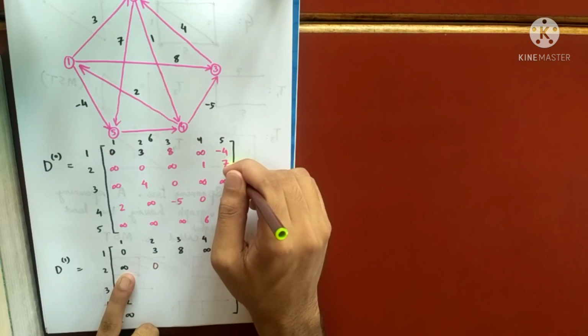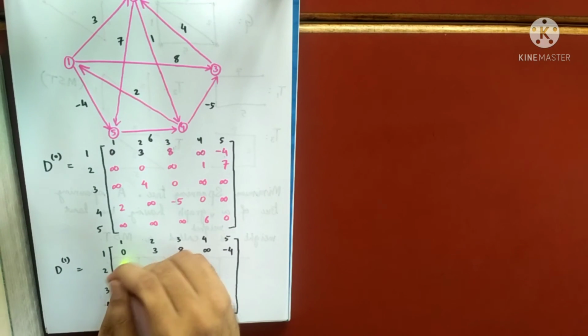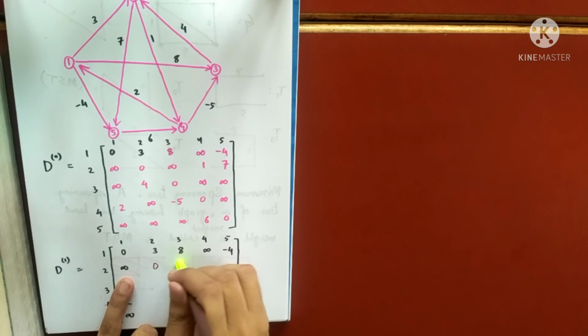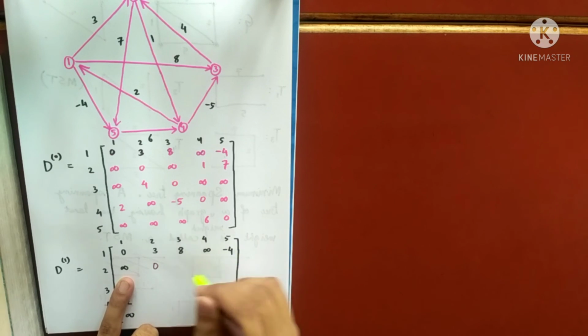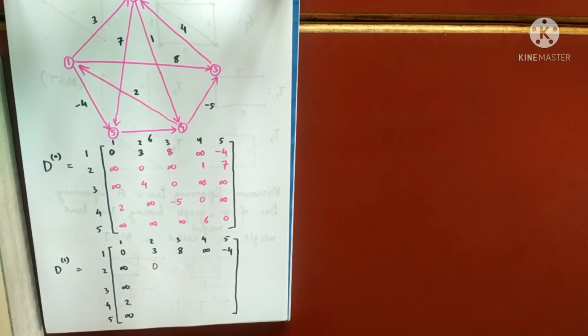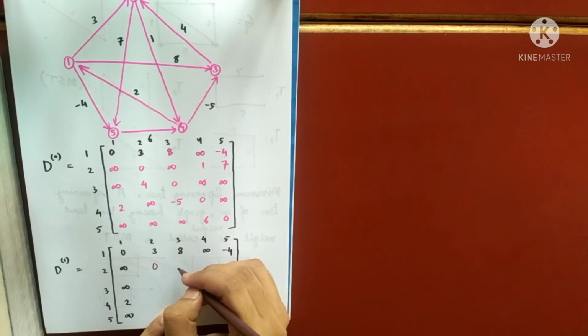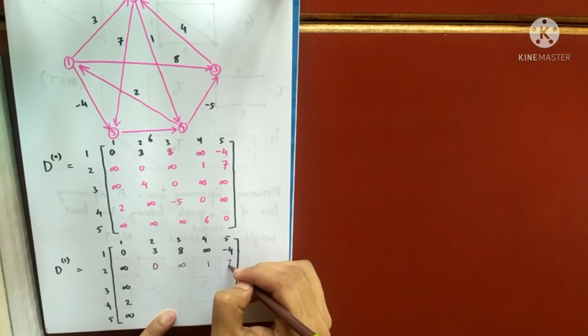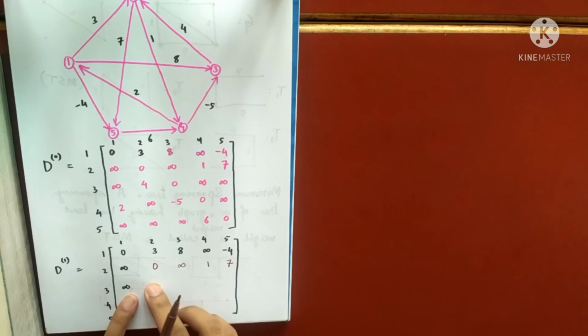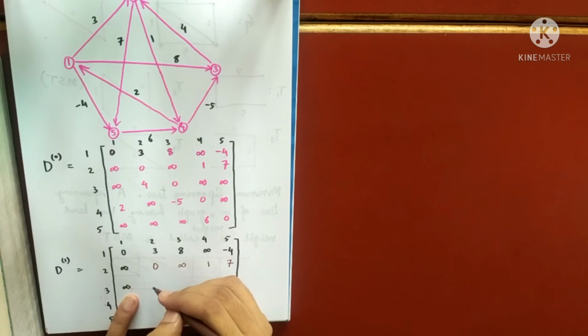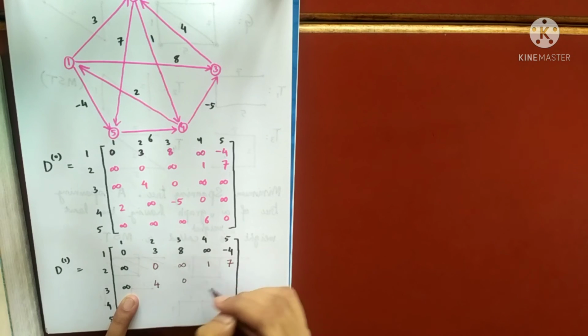So none of the values will change, because this is always going to be bigger: this is 8 plus infinity, this is infinity plus infinity, this is minus 4 plus infinity. So copy that one as it is. Similarly, this will also not change, because whatever you add here will be added with infinity. So this is always going to be bigger.